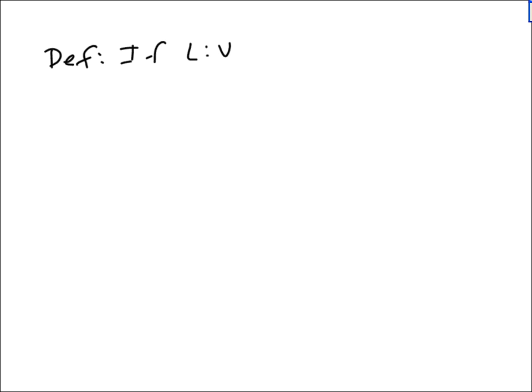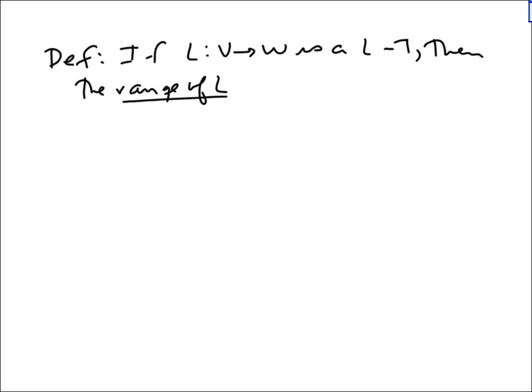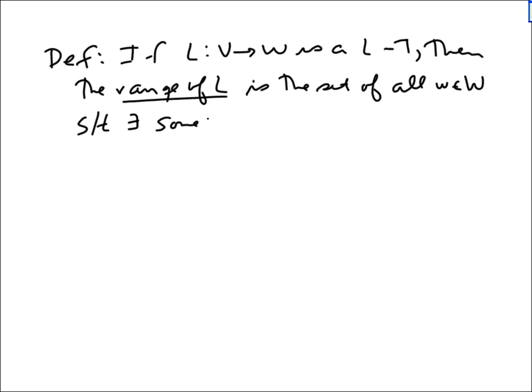If L is a mapping from V to W, a linear transformation, then the range of L is the set of all little w's in W such that there exists some v in V with L of v equals w.